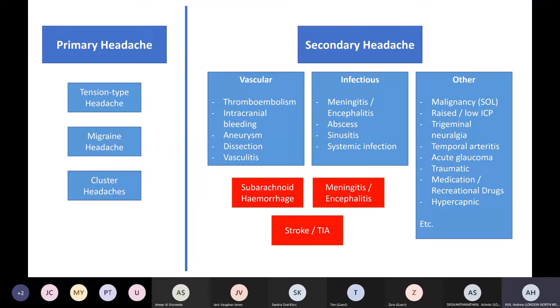Of course, the management of tension type headache, I'm sure we've all managed our own tension type headaches with simple analgesia. And I like to think about the way that migraine and cluster headaches are presented in SBAs. So migraine headaches are the type of headache that patients need to sit down or lie down in a dark room with low stimulation.